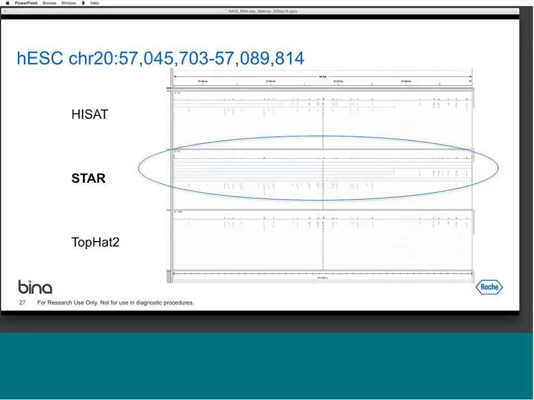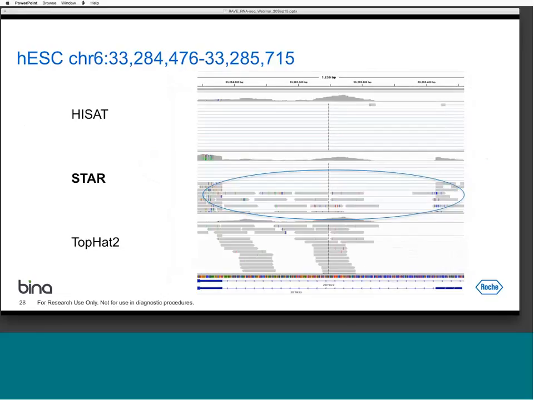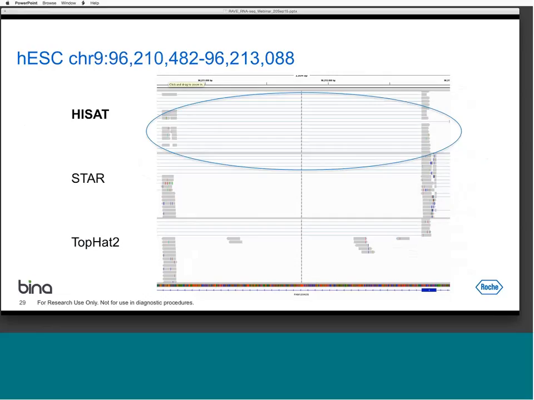Here, this is a particularly large intron, which is only detected by STAR. And another junction only detected by STAR. This is probably due to sequencing errors or some complex region in the genome. And finally, here's a junction only detectable by HISAT.